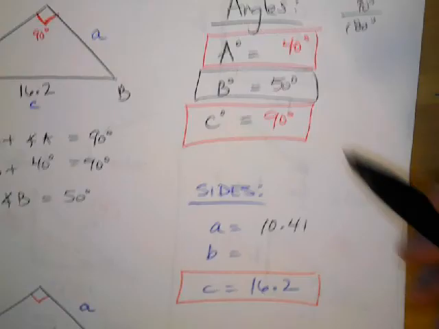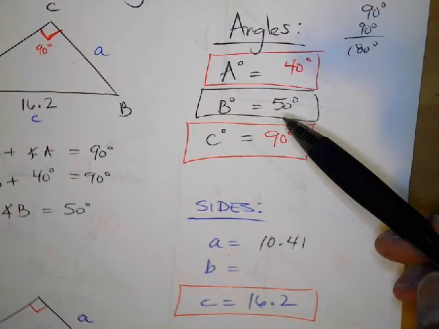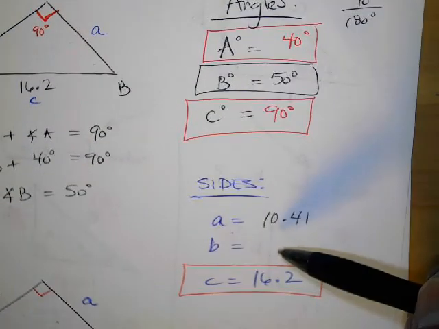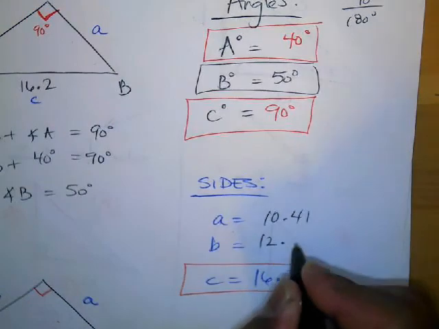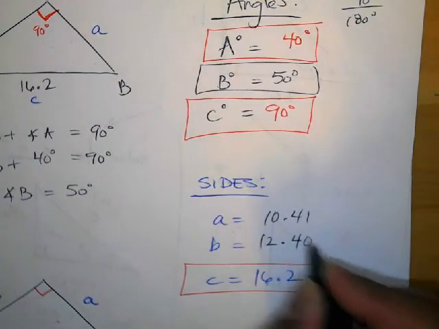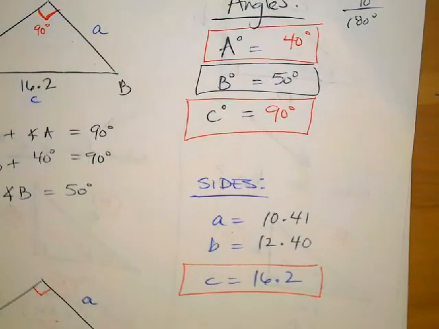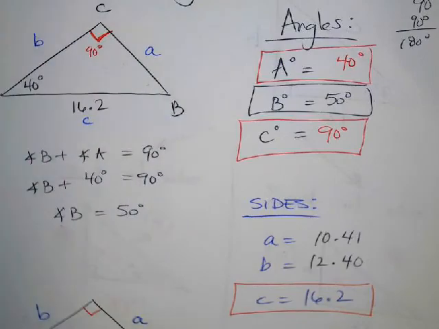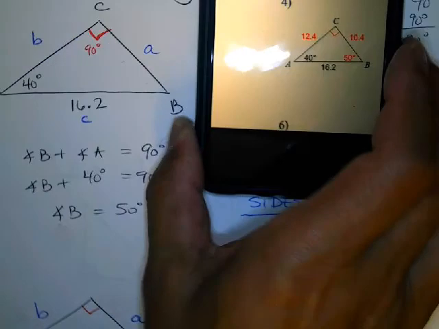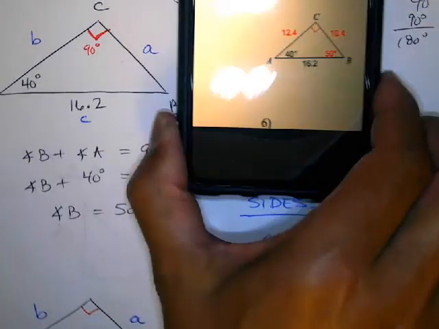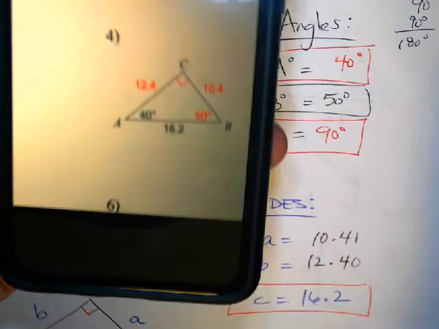Okay, and finally we go over here, because this is what I'm going to look at. I'm going to look at your angles, and then I'm going to look at what did we get? 12.4 for B, or 12.40 or whatever. Okay, I got all the angles and the sides, so I'm going to show you the answer for this problem, right here.